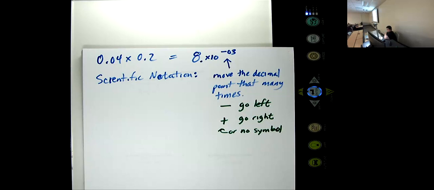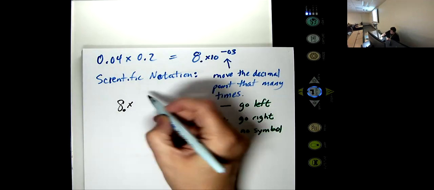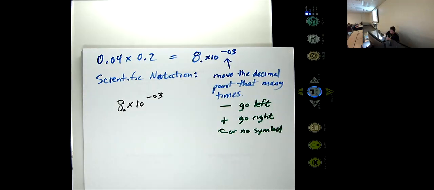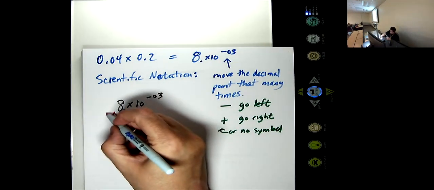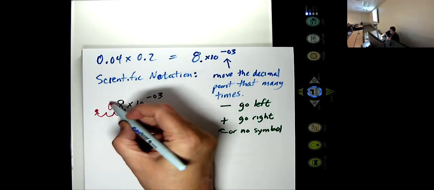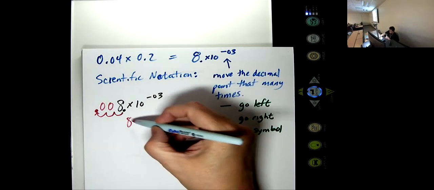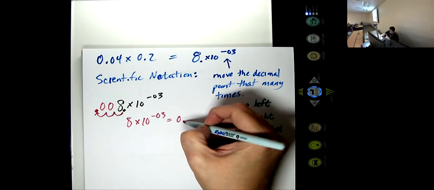So we had 8 times 10 and there's a point right there, -0.03. I'm gonna move that decimal point left 3 times. 1, 2, 3. I'll put the point there, and if I have to add zeros to do it, I will. So 8 times 10 with the -0.03 turns into 0.008.